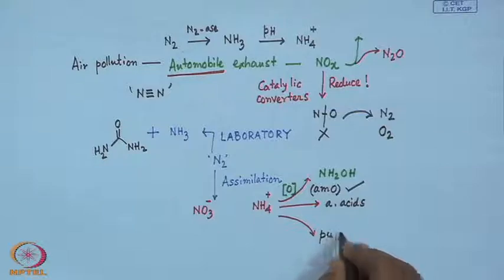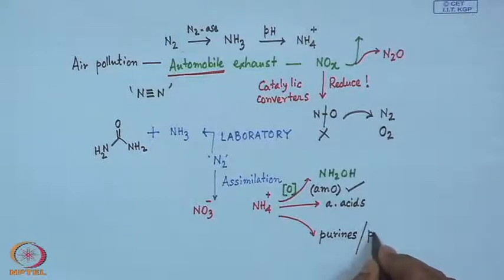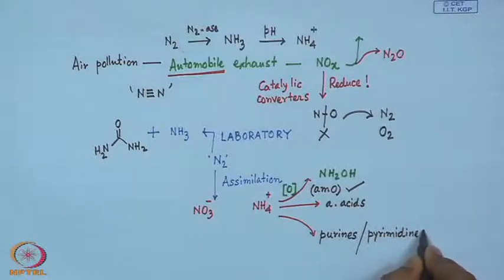These are basically responsible for the initial synthesis of our purines and pyrimidines, which also come from these ammonium molecules.